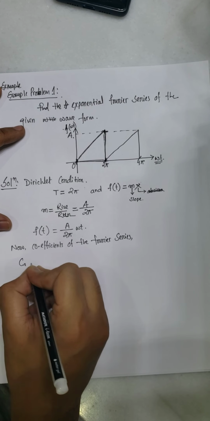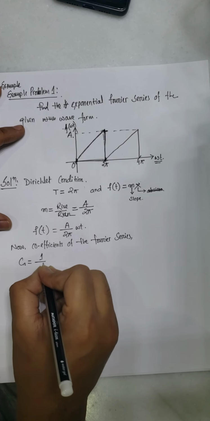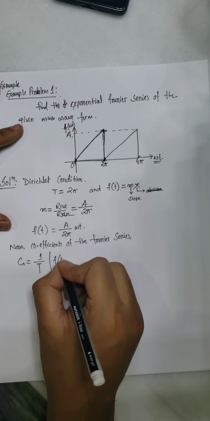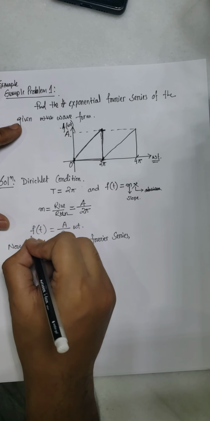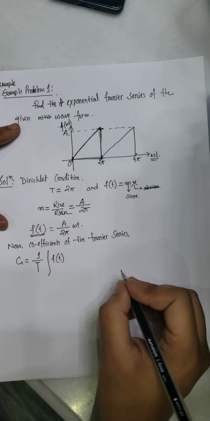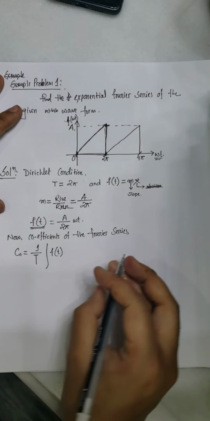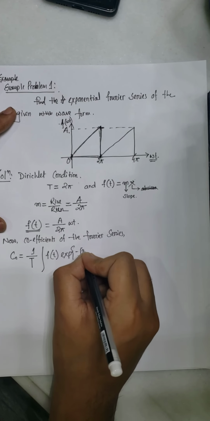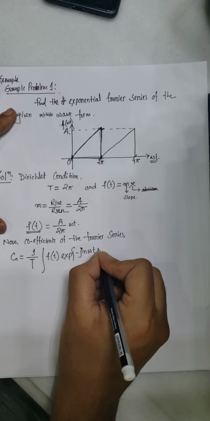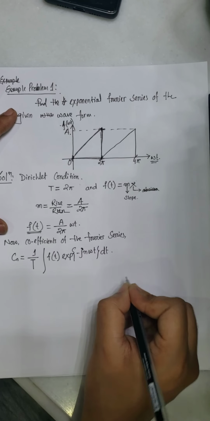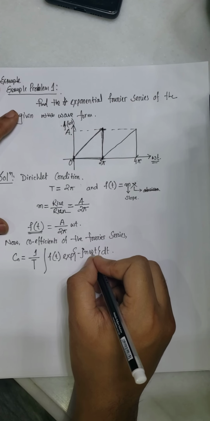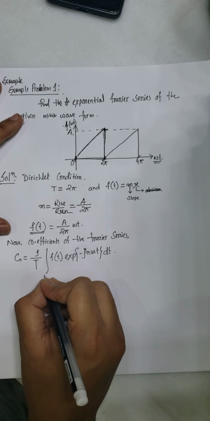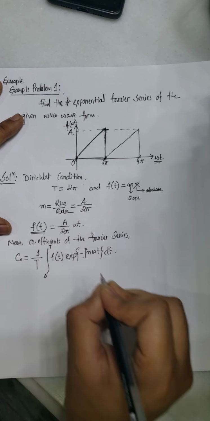Let the coefficient be Cn, which equals 1 over T, the time period, and an integral of f of t, which is this function or the signal function, times e to the power minus jn omega t dt, omega obviously being the angular frequency. And the integration limit will be 0 to T.